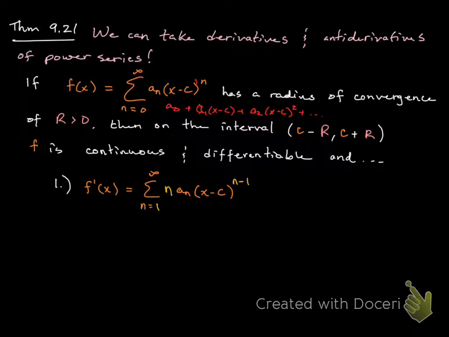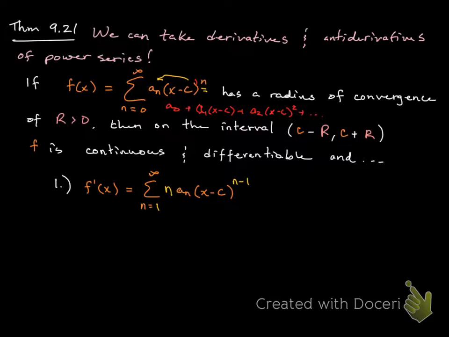That's going to be the derivative of a power series, right? And it's really pretty easy, right? I took this n here and I brought it down in front, and I subtracted 1 from the power, okay?